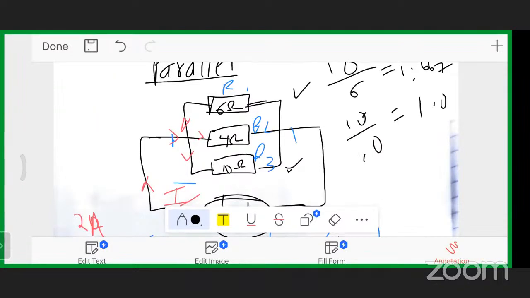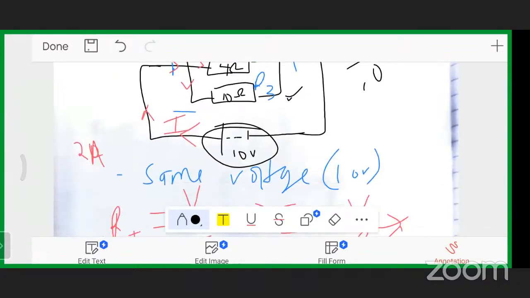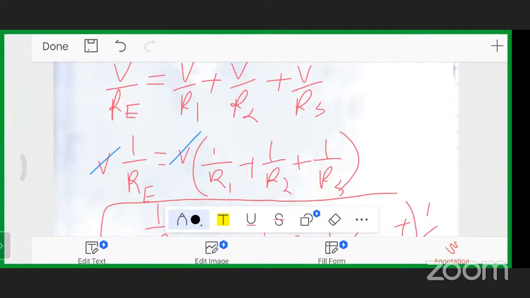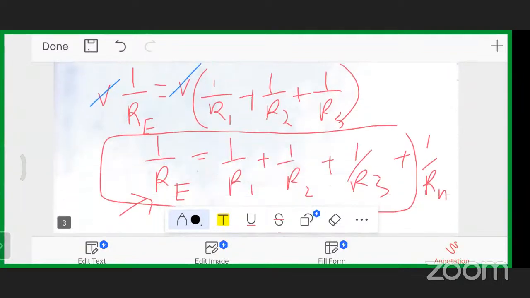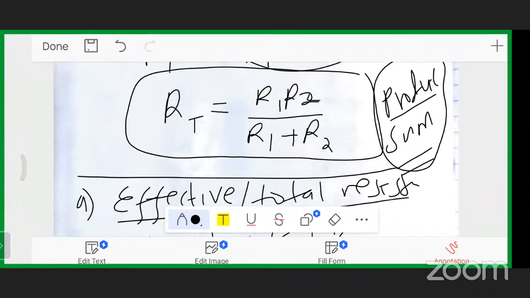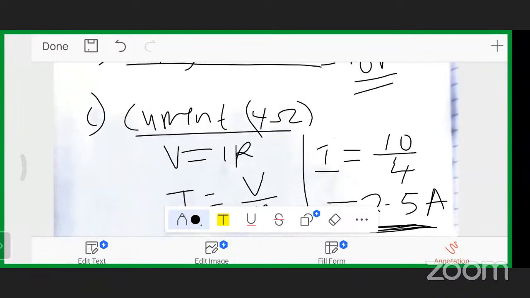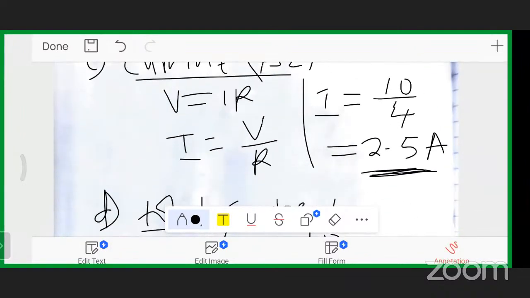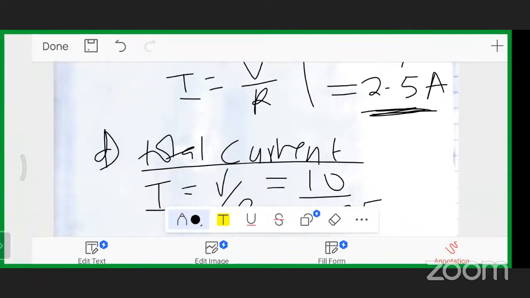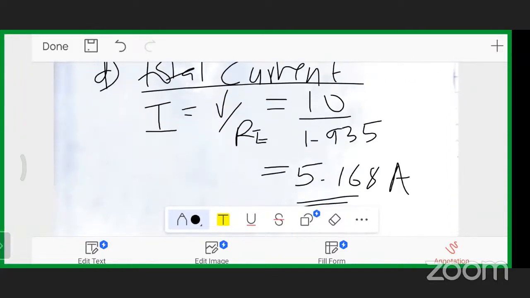Then you try adding all of them. So this is 2.667. Then we add the one we found for the 4 ohm, which was 2.5. Is it giving almost the same answer? 5.167, yes, something around there.